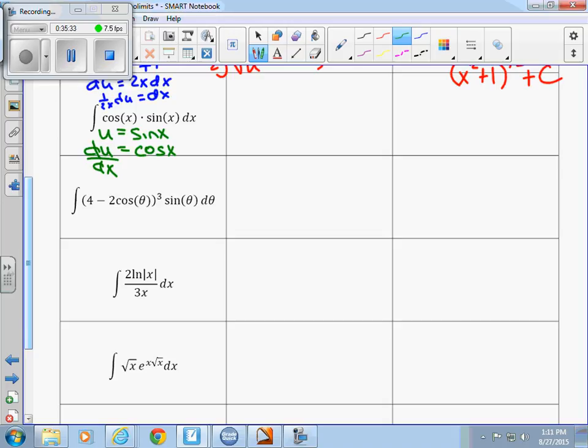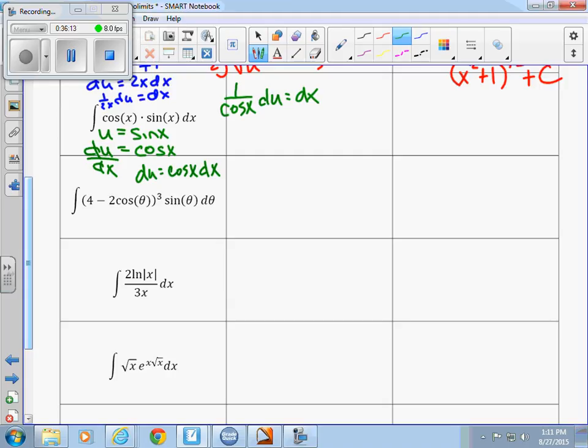Okay. So du over dx equals cosine of x. So du equals cosine of x dx. Any questions on that so far? And then I made the dx by itself even. So I get 1 over cosine of x du equals dx. Any questions so far? You can quickly glance here when you get this cosine of x dx. You see the cosine of x dx are all going to be replaced with du, so that's good news.